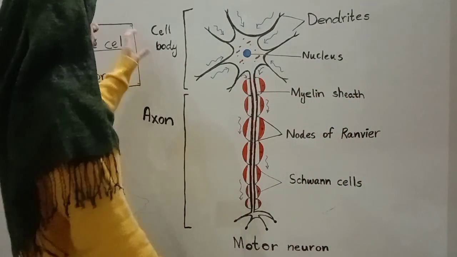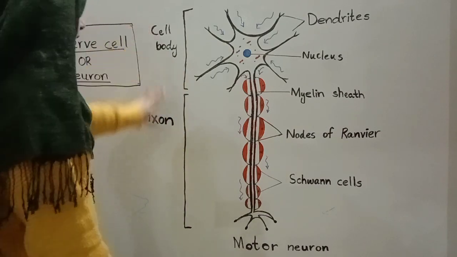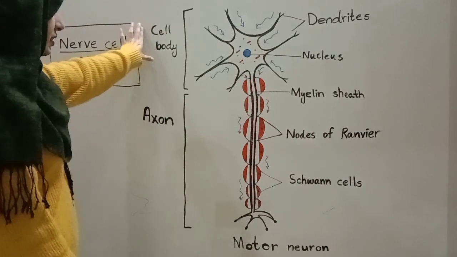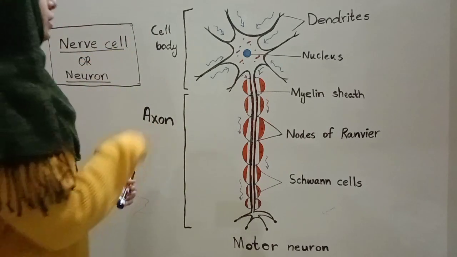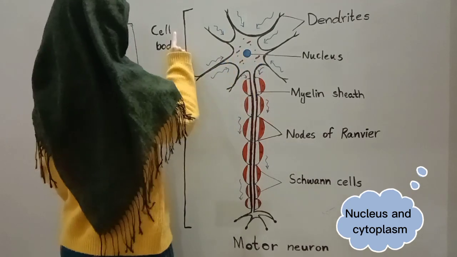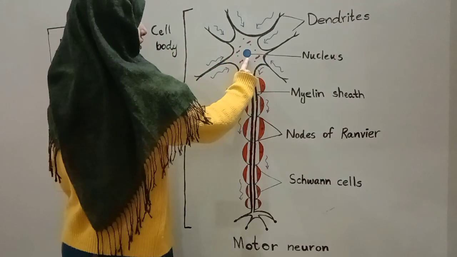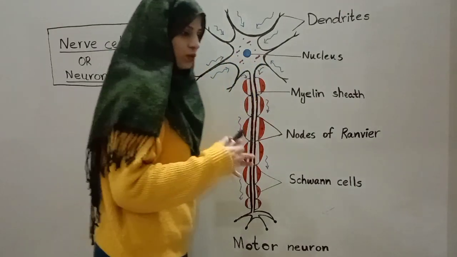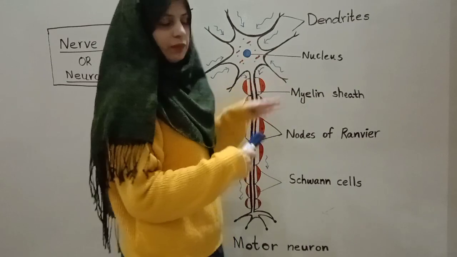Let's start with the structure of the neuron. Basically, a neuron consists of two parts, the cell body and the axon. The cell body consists of the nucleus and cytoplasm. And there are processes which extend from the cell body.